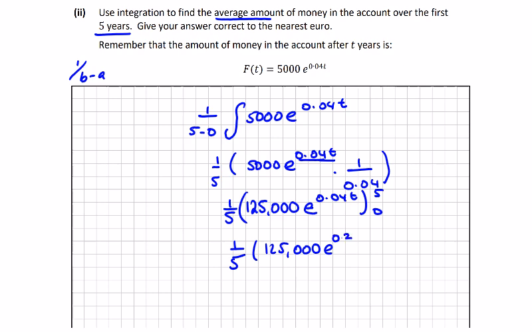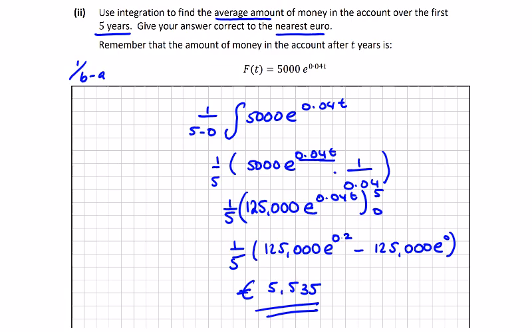And then e to the power of 0 is equal to 1, so just minus 125,000. And getting a fifth of this gives me 5,535, the average amount, correct to the nearest euro.